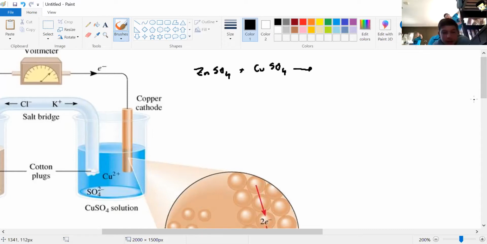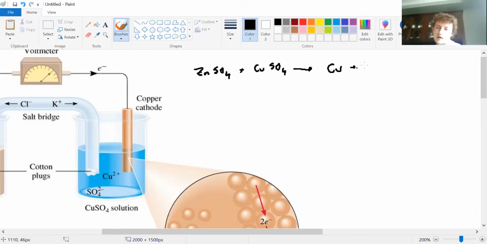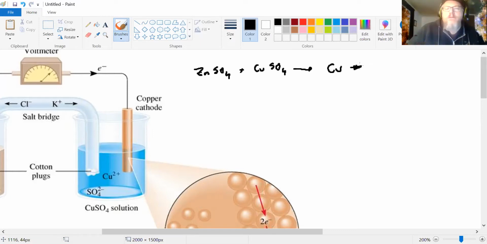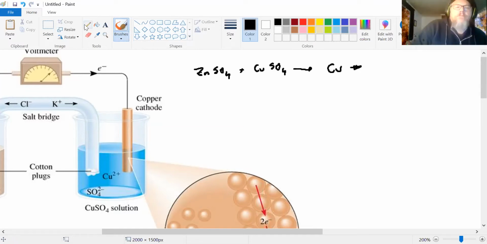Is the zinc 2 minus? No, it's a metal, it's plus 2. Does the copper become an ion? Does the copper come off and become an ion? Yeah. One second, I gotta change this. I just messed up. This is really the chemical reaction.